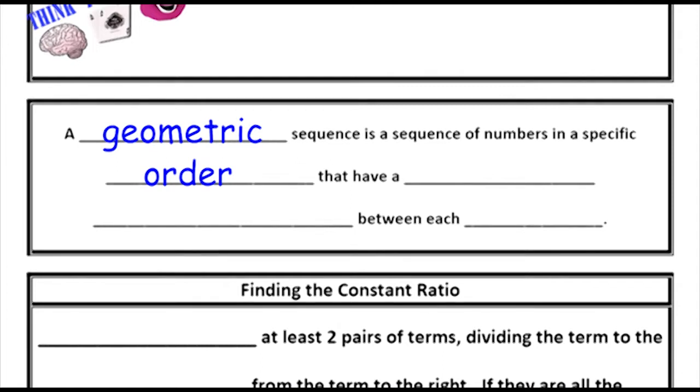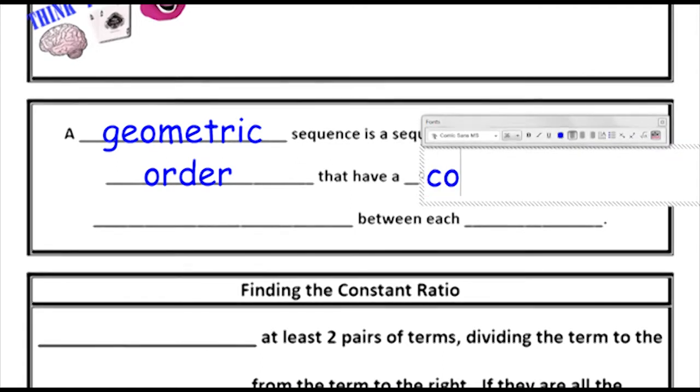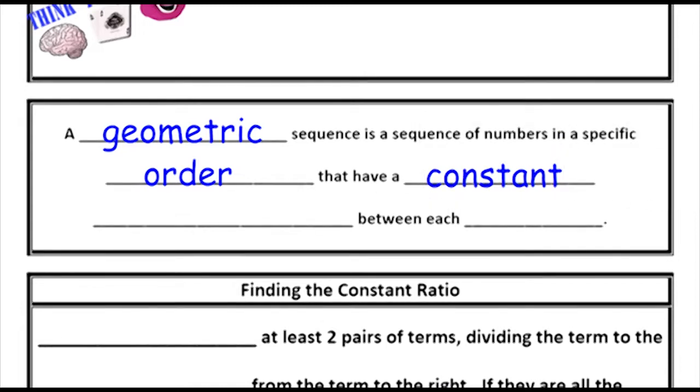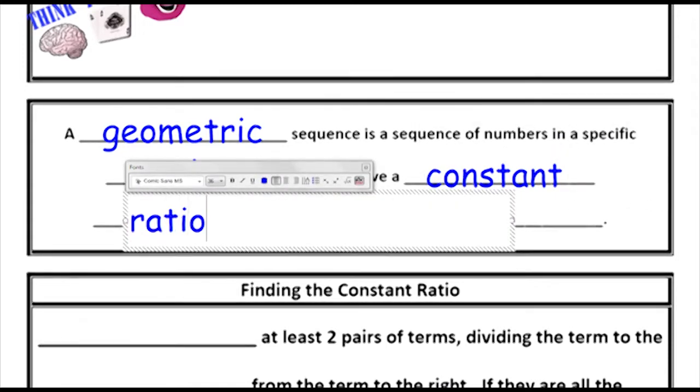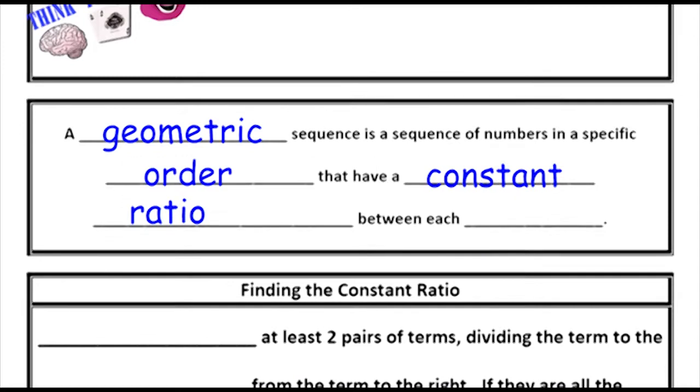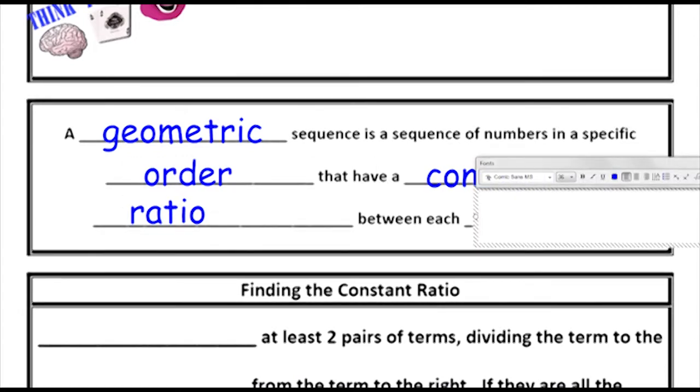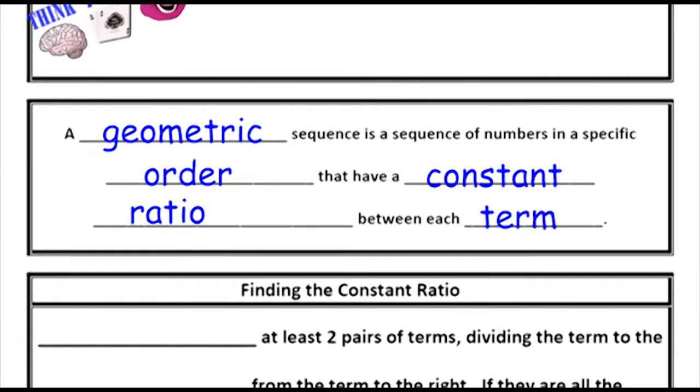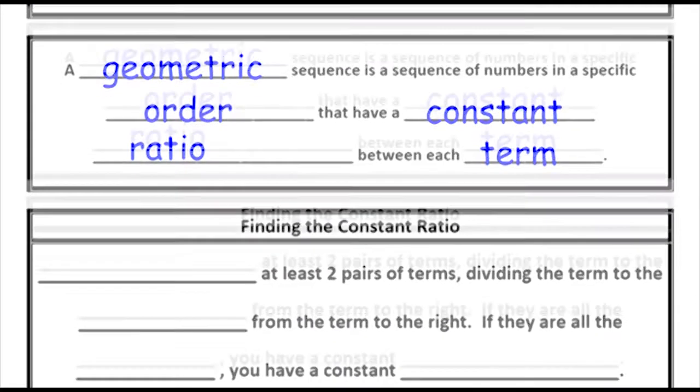So yesterday we talked about a constant difference. Today we're talking about a constant ratio between each term. Now ratio, if we think back to our rates and ratios unit, we saw a lot of divisions. We find our ratio by dividing, just like we found our constant difference by subtracting.